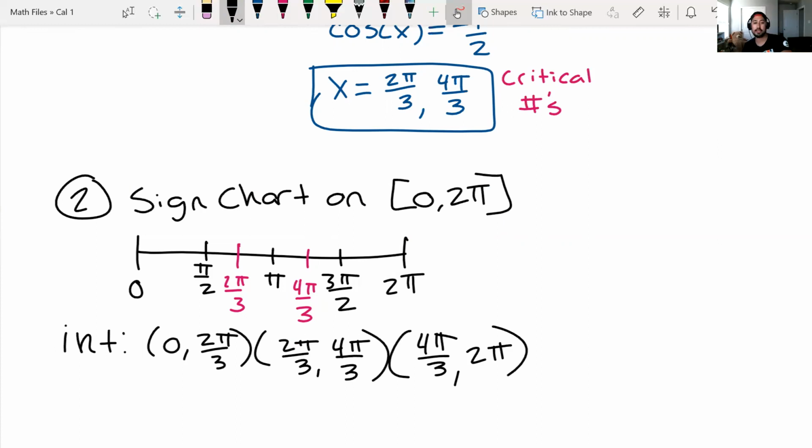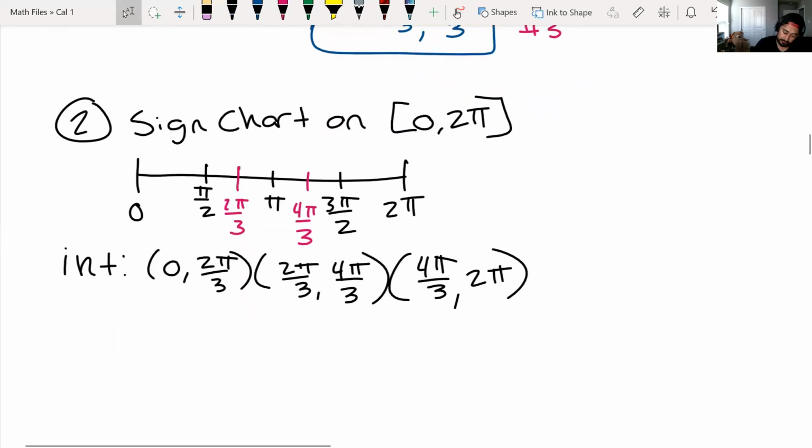The reason I put the other parts of the unit circle is so I could plot the exact location of where 2 pi over 3 and 4 pi over 3 are. Okay, which can honestly help us pick test points, sorry, test points. So next is test numbers.